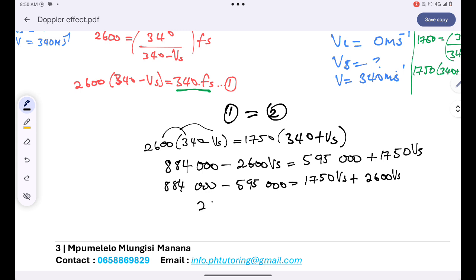This will give me 289,000 is equal to 1750 plus 2600. That's 4350 Vs. Divide both sides by 4350.